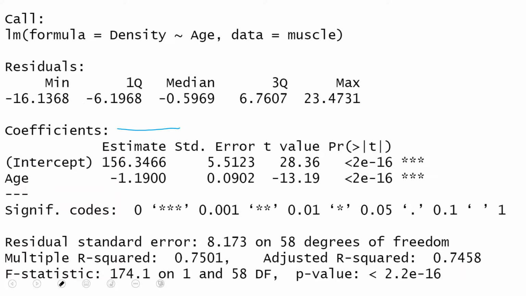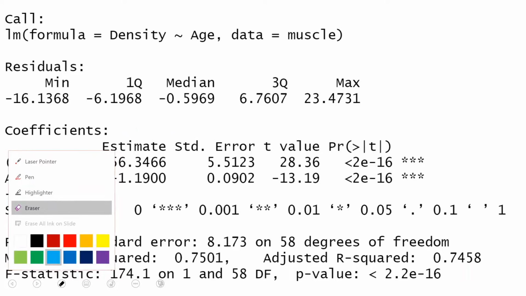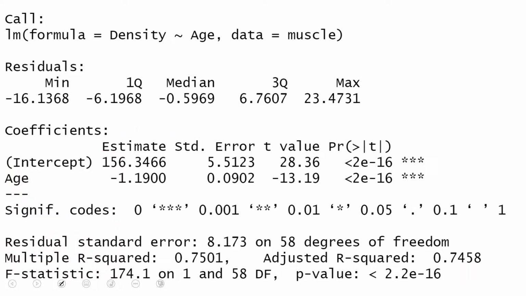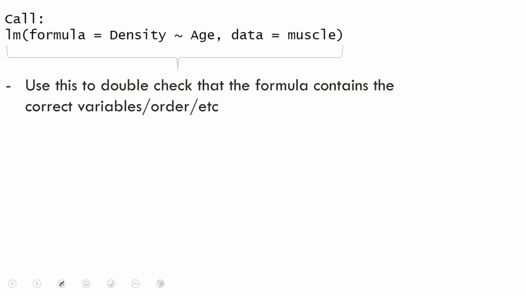But let's take a look at it one line at a time, because there's a lot in here that is not totally necessary, but we want to make sure that we get the right info and that we're interpreting things correctly here. Okay, so what is this? Well, this is more or less the double check to make sure that you've got everything in there correctly.